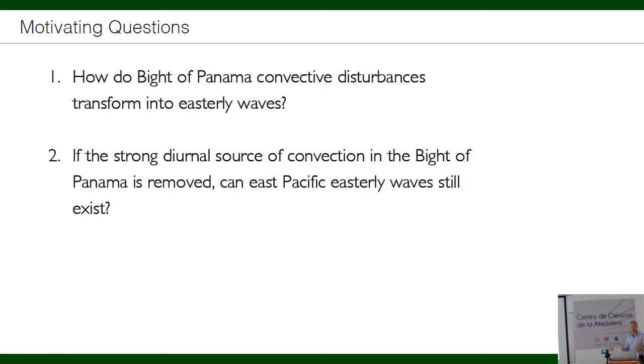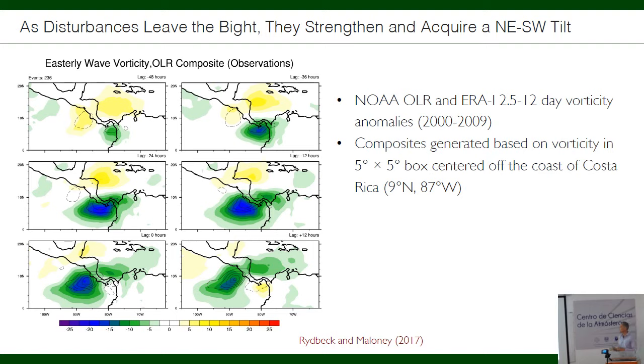Okay, so first let's think about the first question: how do Bight of Panama disturbances translate into easterly waves? What I have plotted here is the early life cycle of an easterly wave in observations.